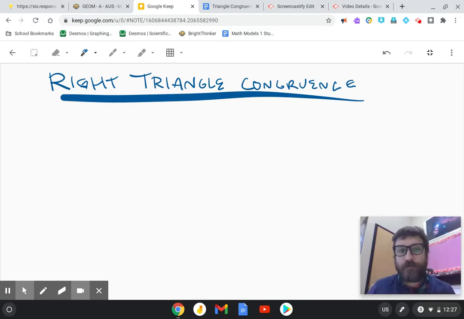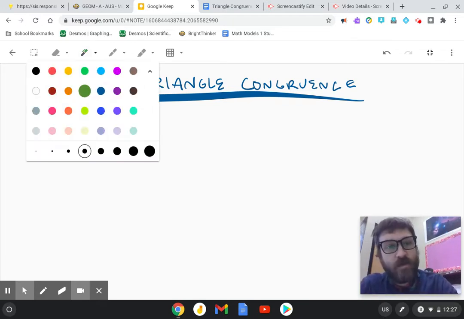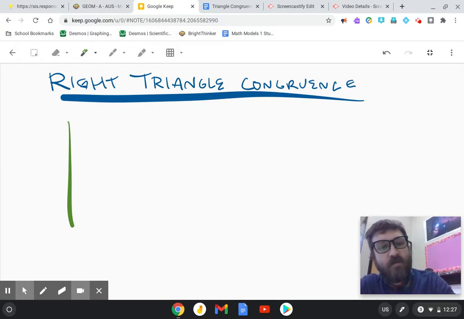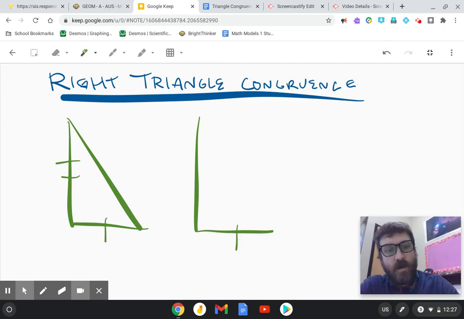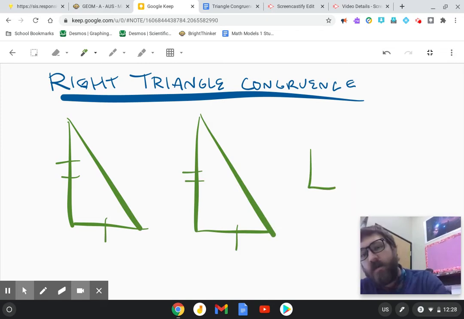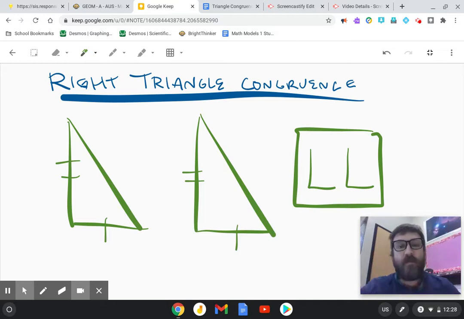So the first triangle congruence theorem for right triangles is if I can prove that the two legs of my triangle are congruent, then I can prove that these triangles are congruent, and that is called leg-leg or LL congruence.